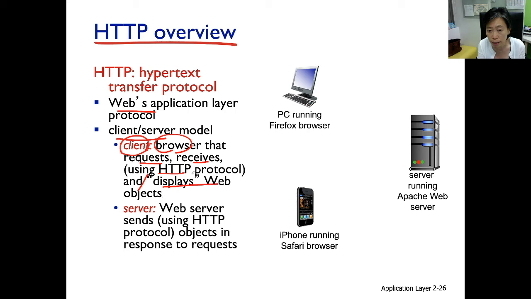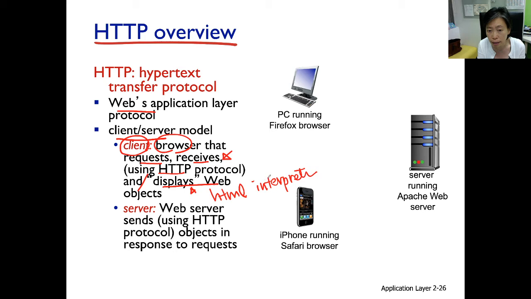Just to clarify, passing of these messages and web objects is the HTTP protocol's job, but displaying web objects is something else's job. It's the HTML interpreter's job. HTML interpreter is not quite the HTTP protocol.